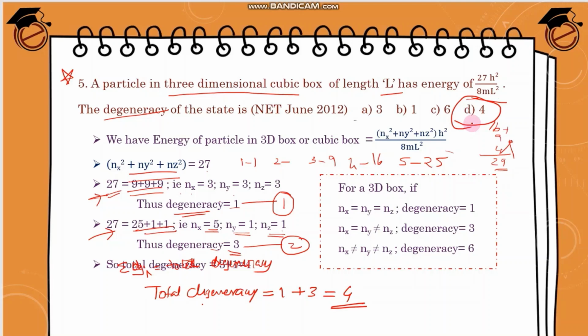For a 3D box, if all values are the same, degeneracy will be 1. If any two of the values are the same, degeneracy will be 3. And if all values are different, degeneracy will be 6. This is only for a 3D box. For a 1D box, degeneracy equal to 1. This also you have to remember.